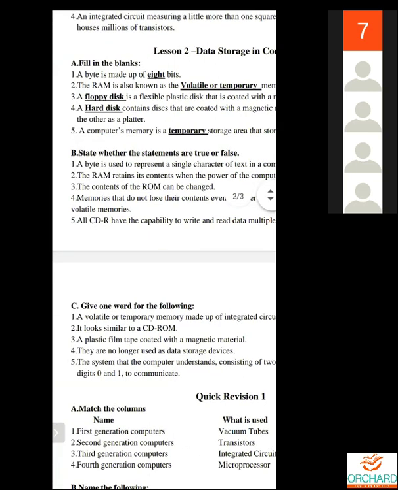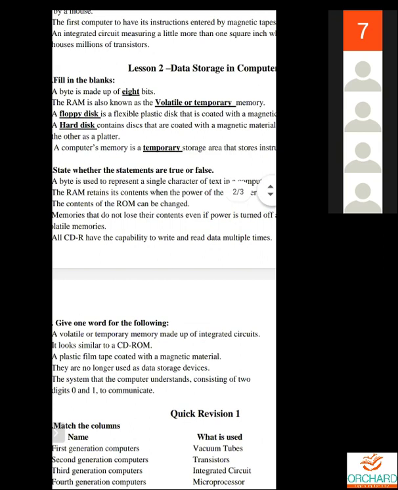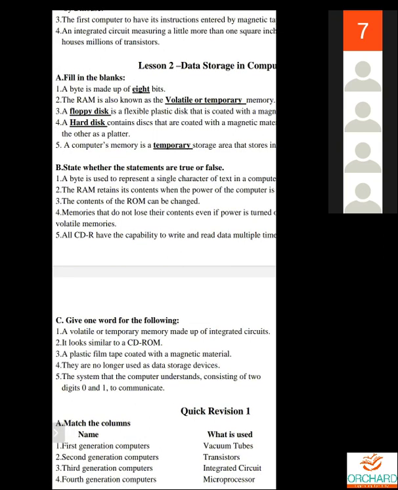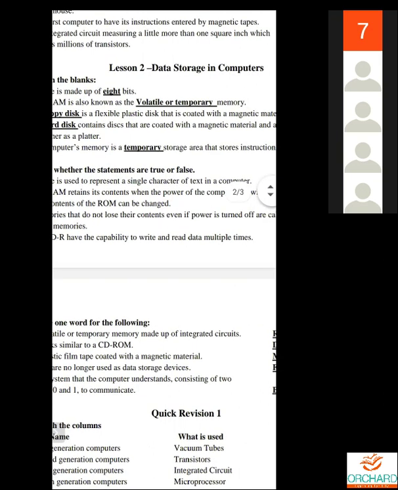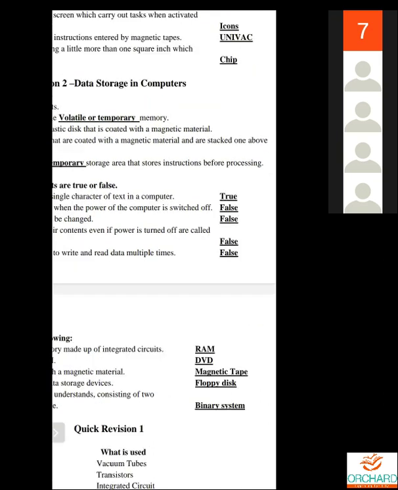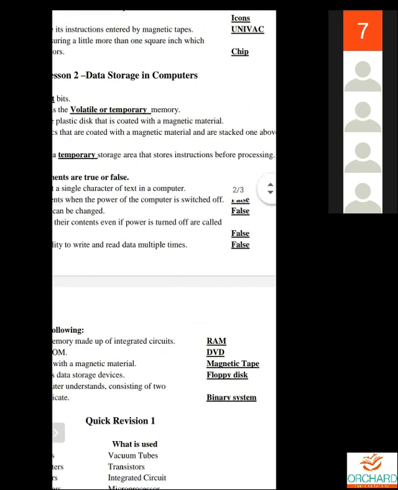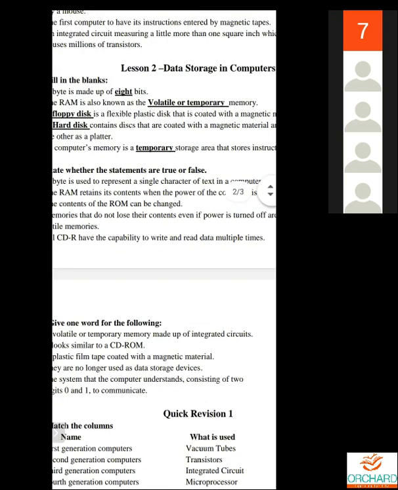ROM in the sense read-only memory. Your answer is false. We cannot change it, so your answer is false.